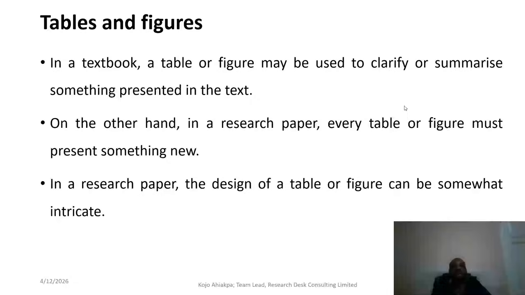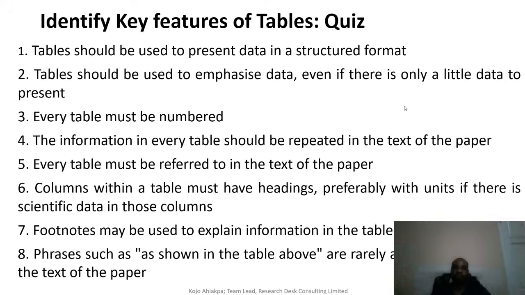Every table or every figure contains results, and these results must present something new. You are not just interpreting what is in the book. The interpretation is just a summary of the common trend in the table of results or the figures or charts. Once you've done that, it doesn't have to be repetitive in interpreting these results in your work.